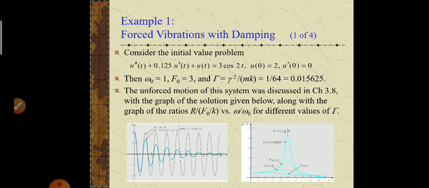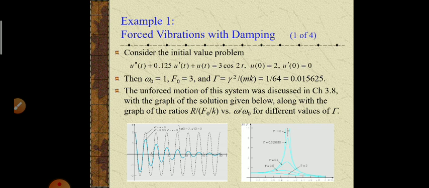The unforced motion of this system was discussed with the graph of the solution given below along with the graph of the ratio R divided by F0 by k versus omega by omega 0 for different values of zeta.